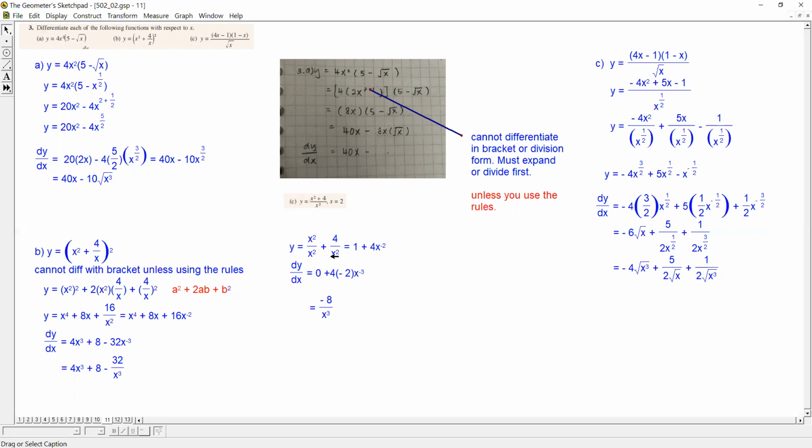Then here x square is at the bottom, you move it to the top, and it becomes x to the power of negative 2. Now, what you have been doing is just simplification. You have not differentiated the function yet, so it is still y.